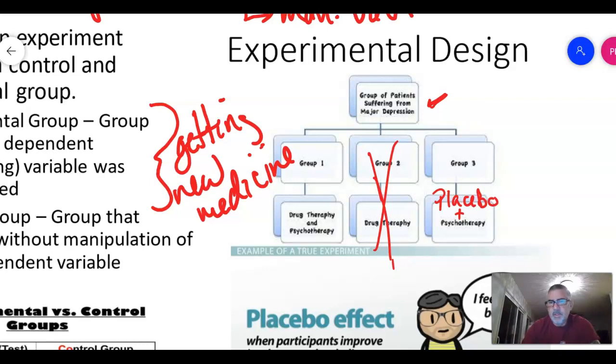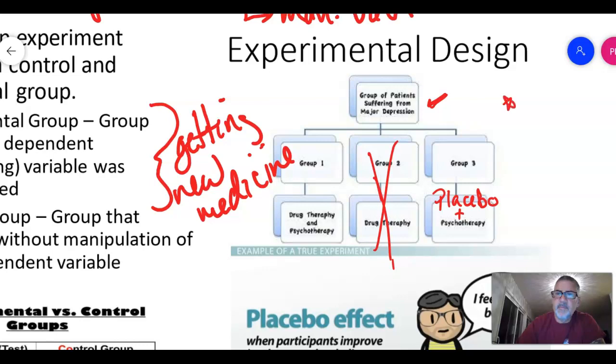Because you're changing two things. You can only change one variable. Right? So I have to have one variable, right? But I have to make both groups, right, think they're getting the same thing. Right? Most tests are what they call double blind.